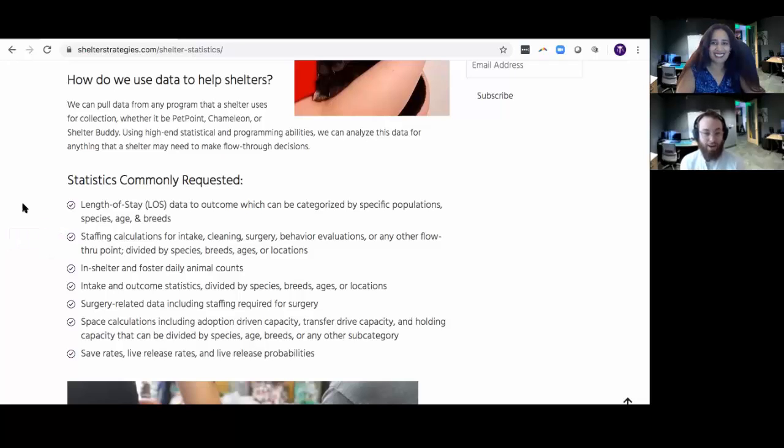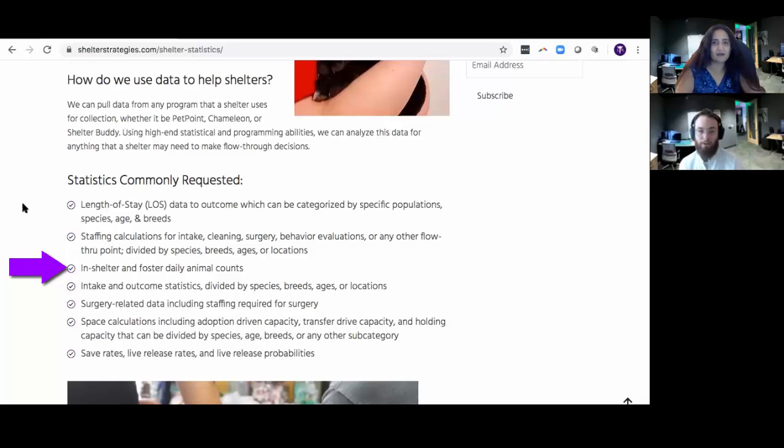And not only those staffing calculations that are usually based on intake and outcome in these singular one-time events, but we're also looking at in-shelter and foster daily animal counts. That's where we're able to go back in time and say how many animals were in the shelter at any given time, or how many were in foster at any given time.